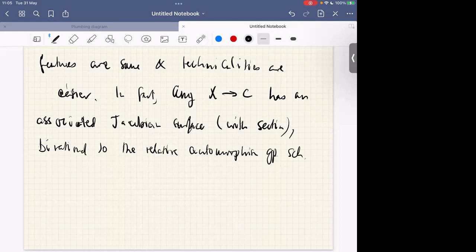So we can describe these surfaces in terms of the moduli space, or rather the moduli stack, of generalized elliptic curves. I shall say that L bar is the stack of generalized elliptic curves.